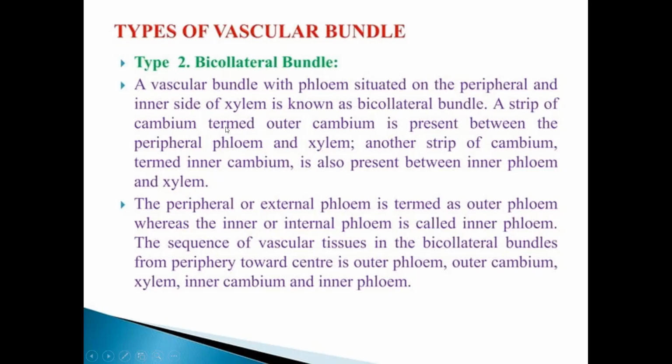A strip of cambium, termed the outer cambium, is present between the peripheral phloem and the xylem. Here two strips of cambium are present. Another strip, the inner cambium, is present between the inner phloem and the xylem. This type is called a bicollateral vascular bundle.